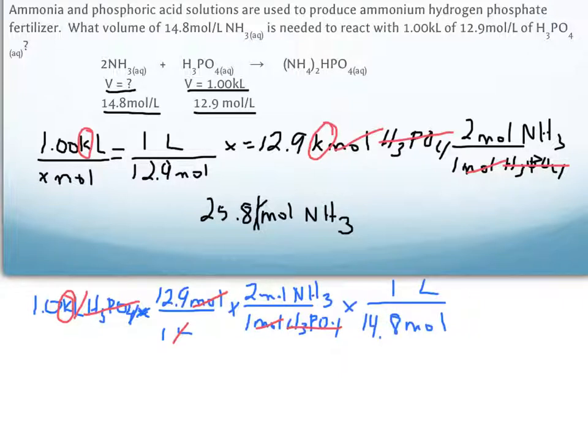On the top, I'm going to have to set this up equal to my concentration, which is 14.8 moles in every 1 liter, and then I can put X liters on the left-hand side. In either case, the bottom or the top, I'm going to get an answer of 1.74 kiloliters of ammonia.